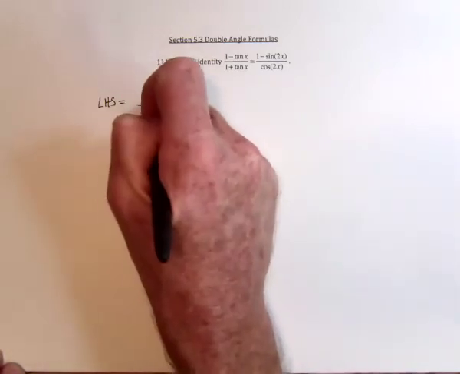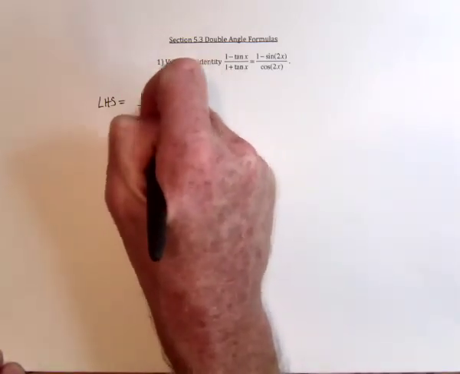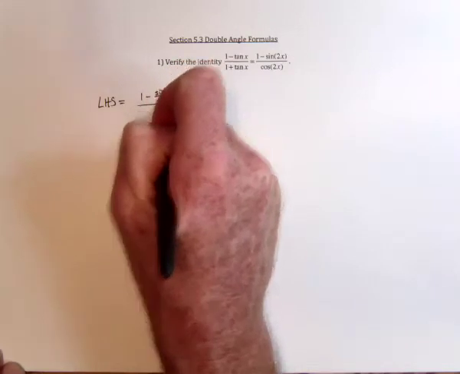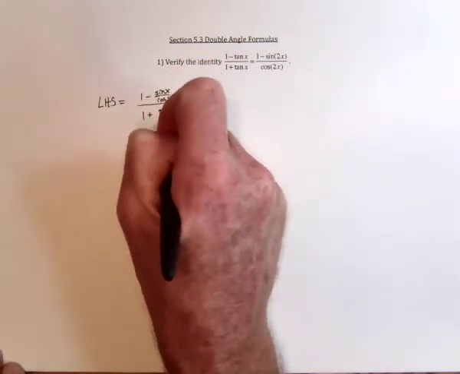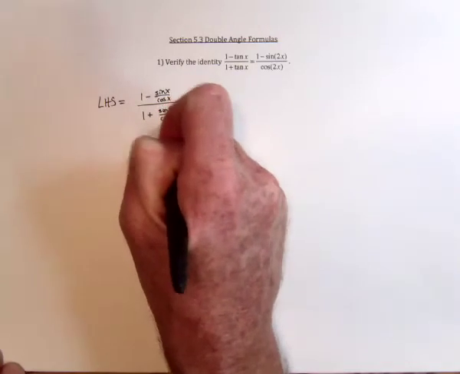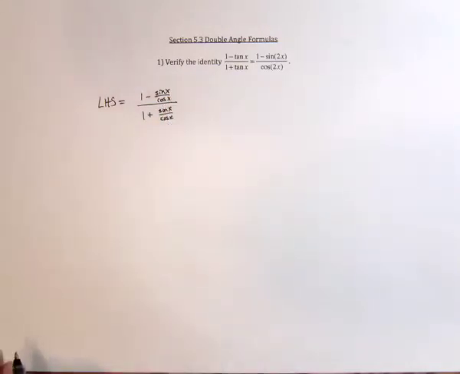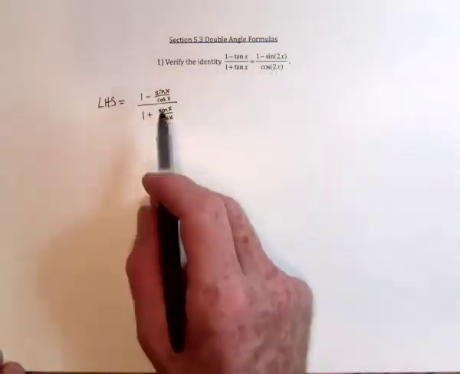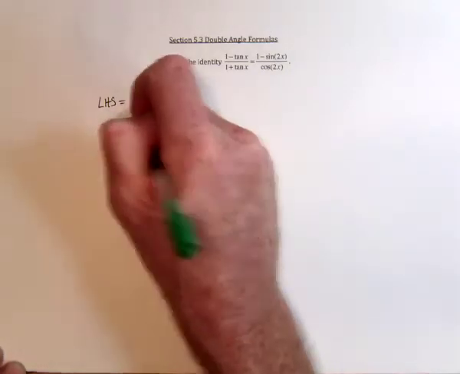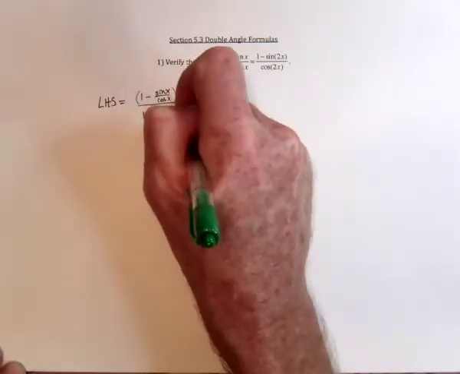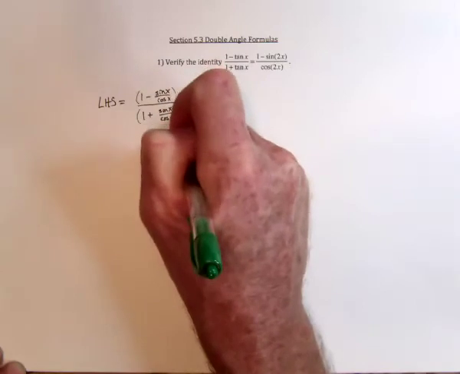So we've got 1 minus sine of x over cosine of x, and 1 plus sine of x over cosine of x. And this doesn't have any compound fractions like this one does, so the next thing is to clear these compound fractions by multiplying through by a cosine of x on the top and the denominator.